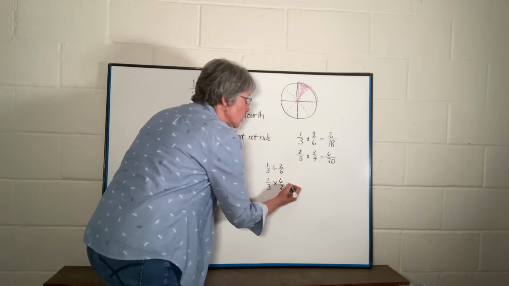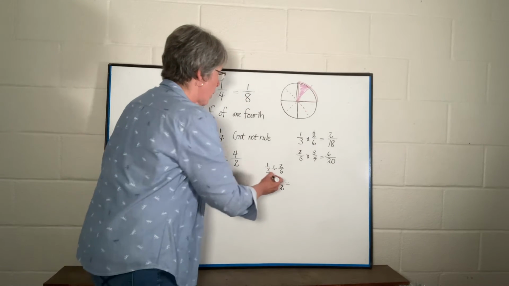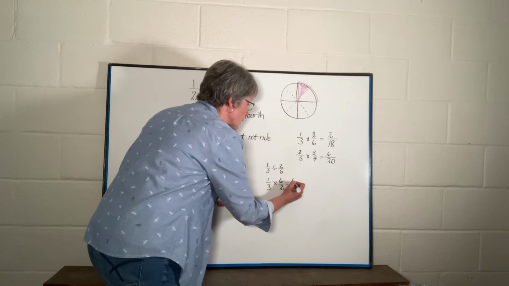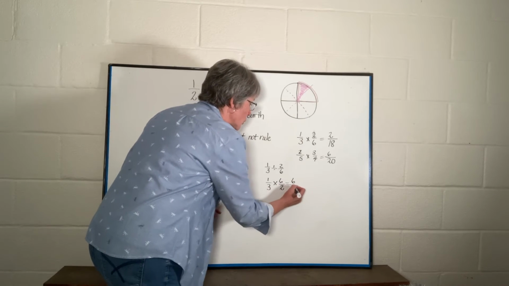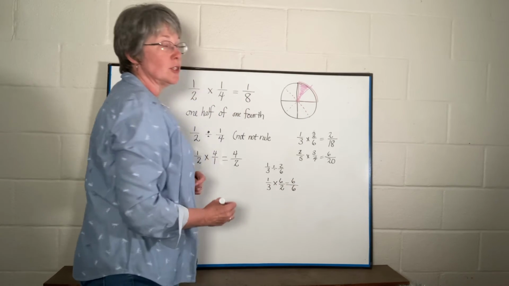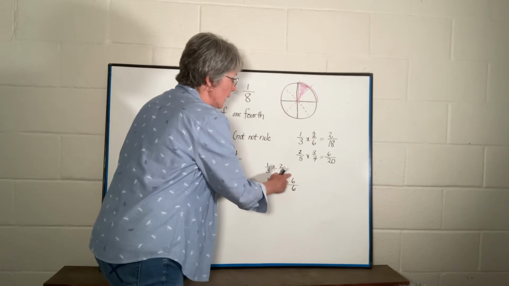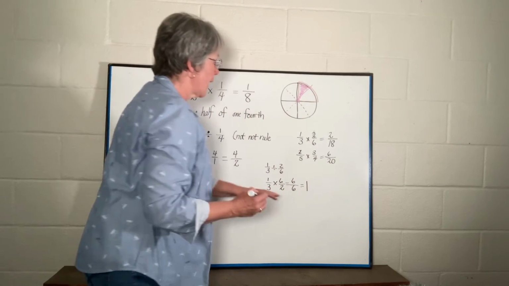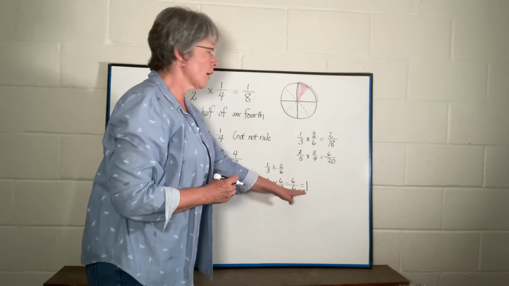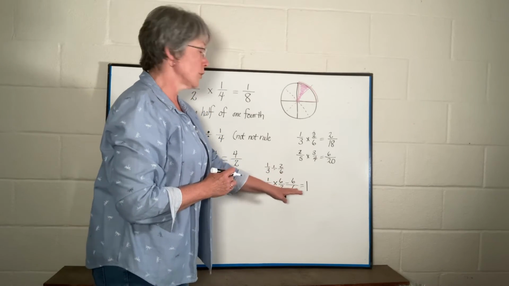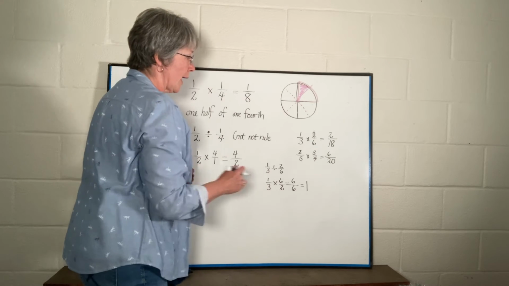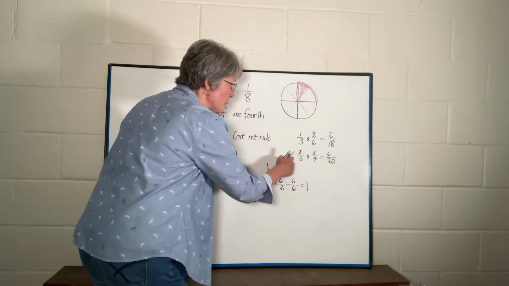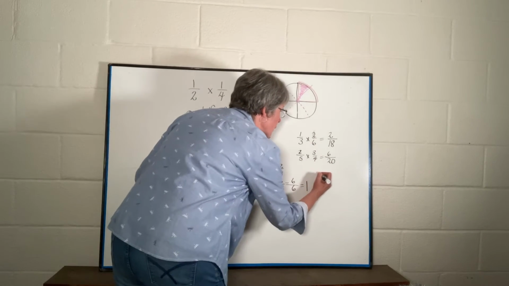And then we treat it just like a multiplication problem. 1 times 6 is 6. 3 times 2 is 6. And just a freebie here, any number over itself is 1. And we're going to actually be using this rule when we talk about denominators that are not the same, when we add and subtract.